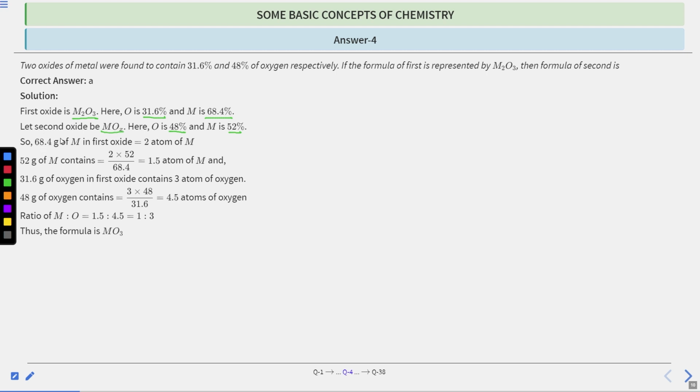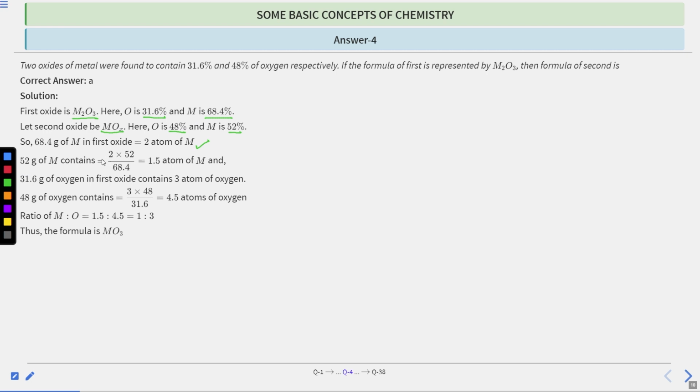So 68.4 gram of metal in the first oxide is equal to 2 atoms of M, right? As we can see, 68.4 gram of metal is equal to 2 atoms of metal. So 52 gram of metal contains how many metal atoms?